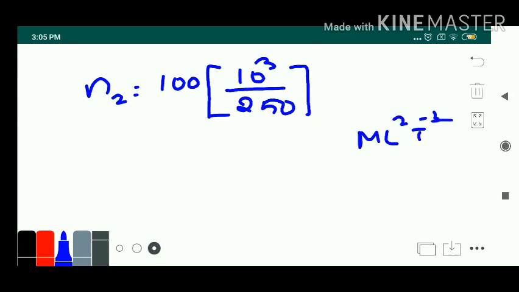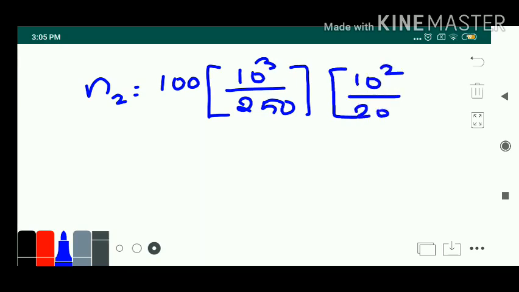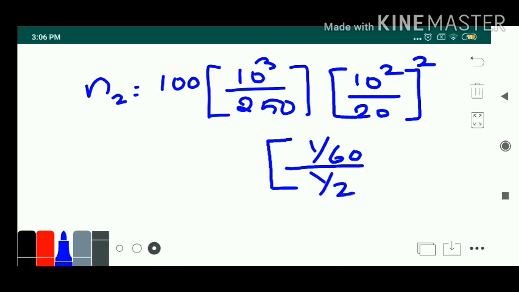So here M is raised to 1, so nothing to write over the bracket. So it is 10 squared divided by 20, that is raised to 2. Similarly, time, what is T1? I wrote it as 1 by 60. And what was T2? Half, and that is raised to minus 2.